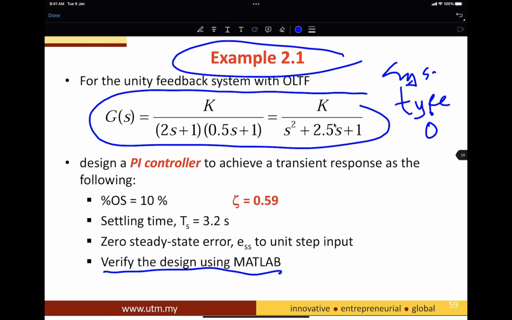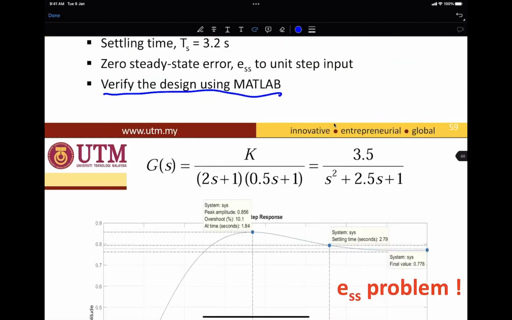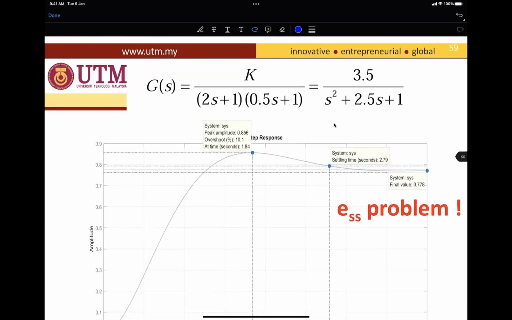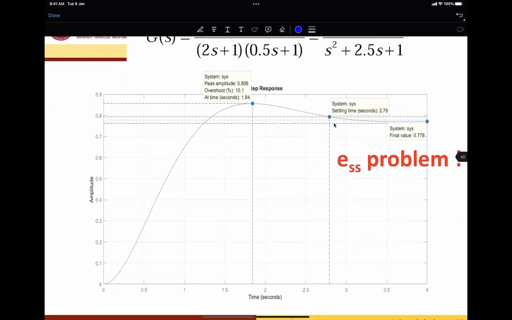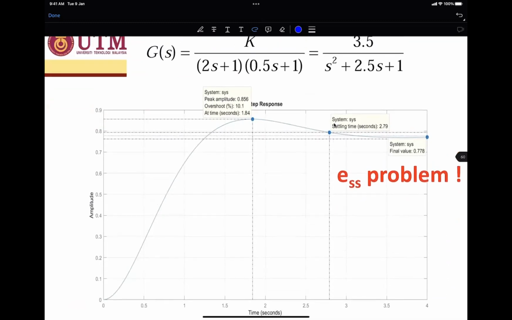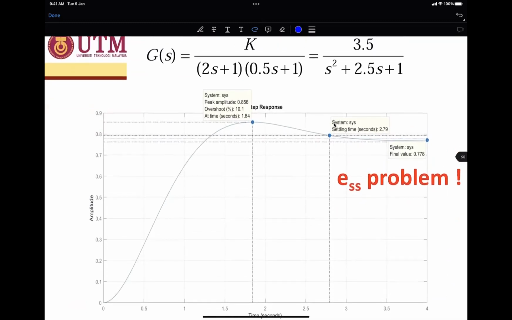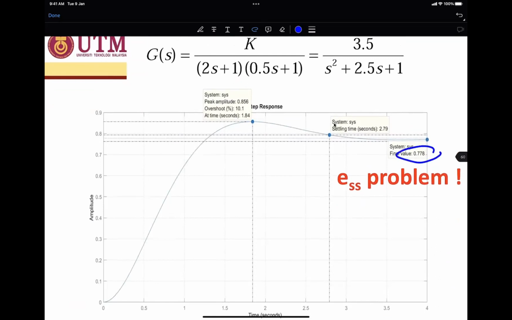So first we find the closed loop transfer function. We want to find the time response. So we plot here the time response, which has a final value of 0.778.